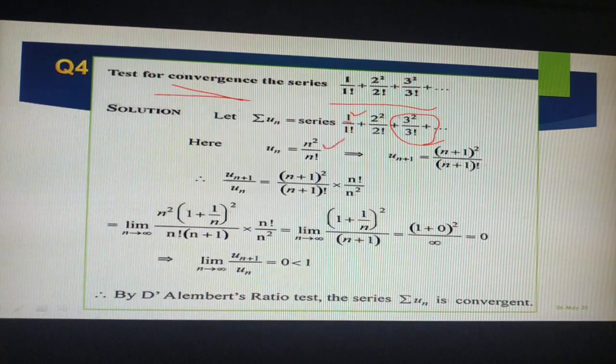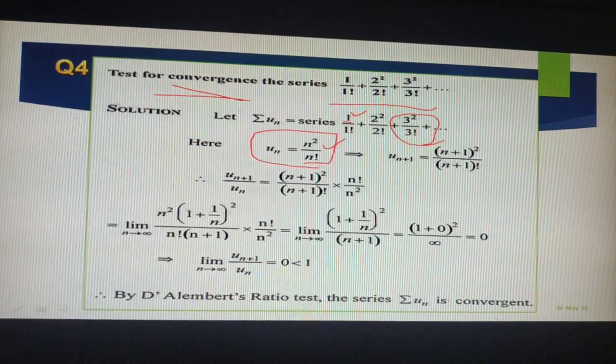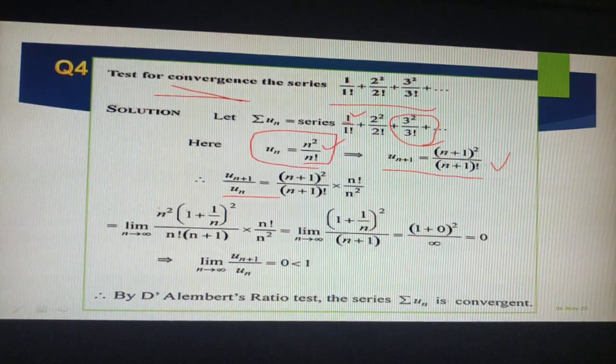So the numerator will be n square, and the denominator 1 factorial, 2 factorial, 3 factorial means it goes to n factorial. If you are able to write this u(n) term, your problems are very simple now. So the next term will be, wherever n is there, you take n plus 1, that is your u(n+1), take its ratio and try to simplify.